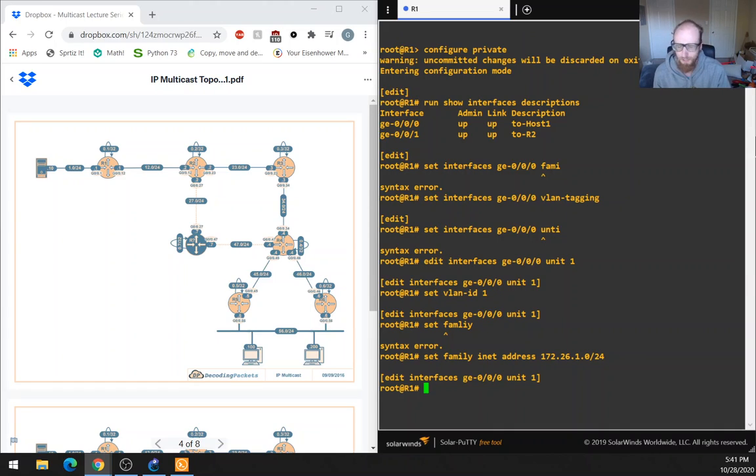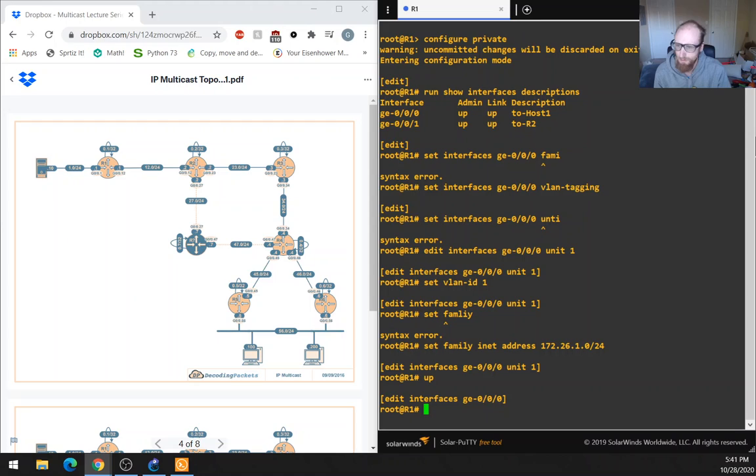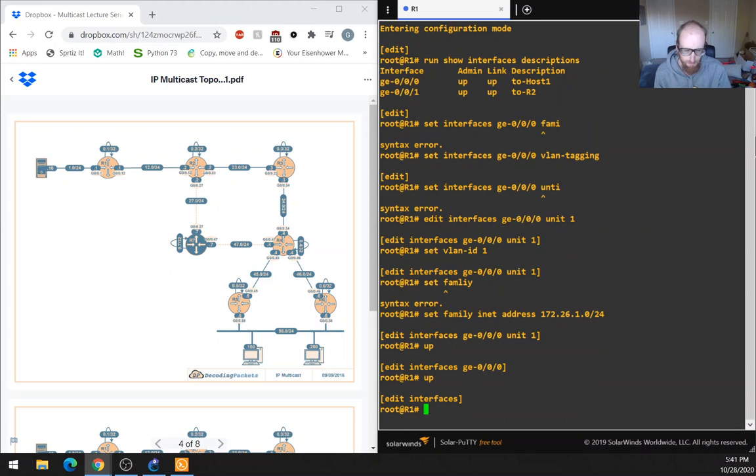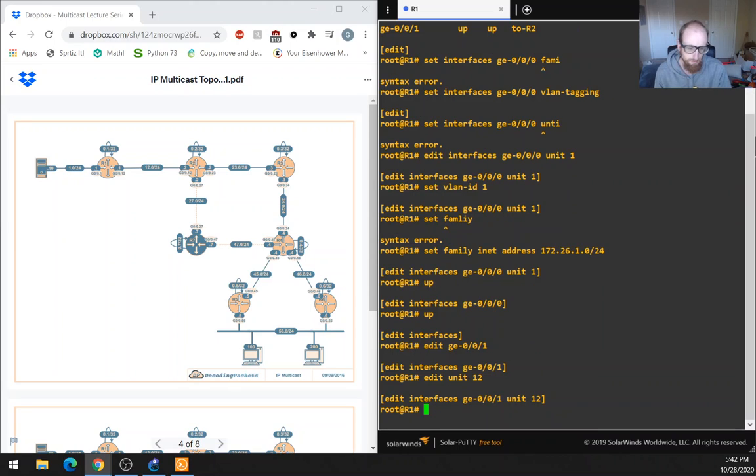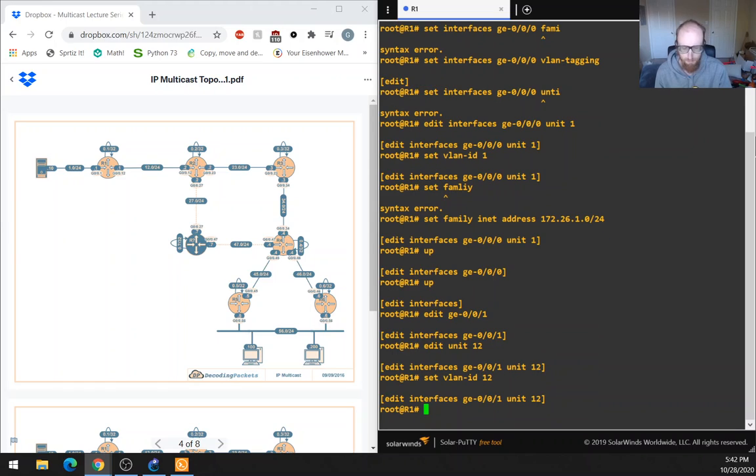Okay, so we're gonna get an address on there. Oh, we've already got it, so let's move on to the next unit. Oh, but the next unit is going to be on a different interface. Nice.